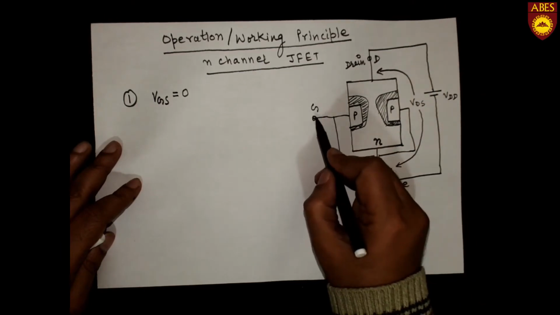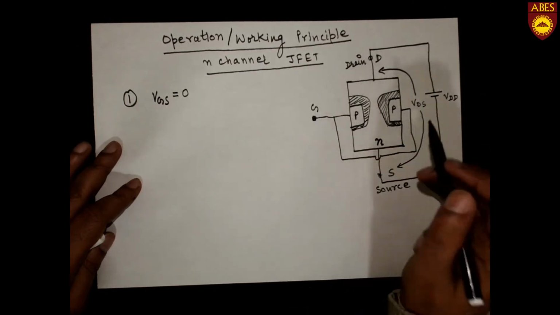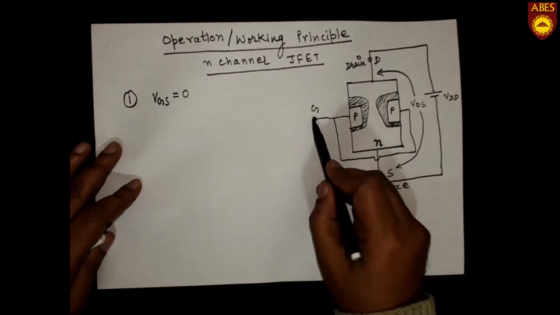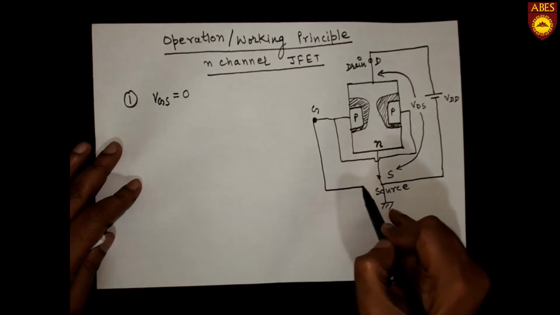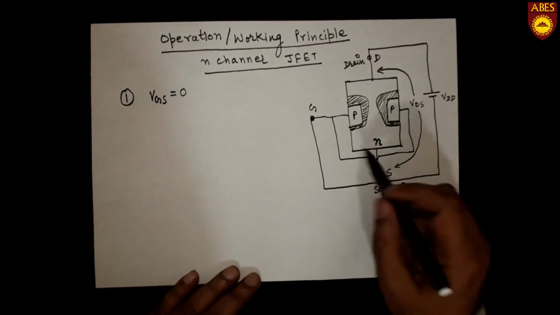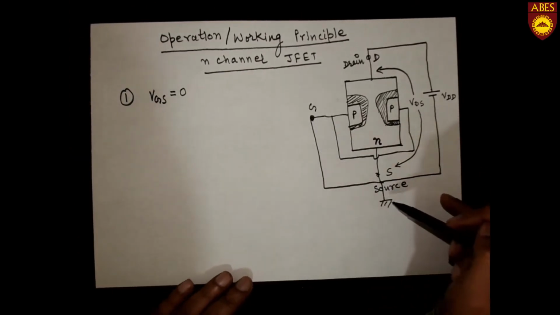That means no voltage is applied at this gate terminal, or you can write it as this. That means this gate is connected to ground.